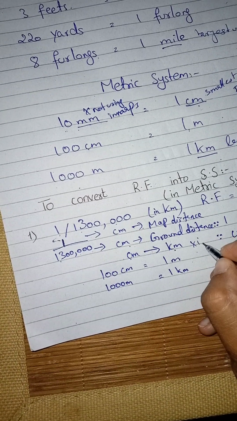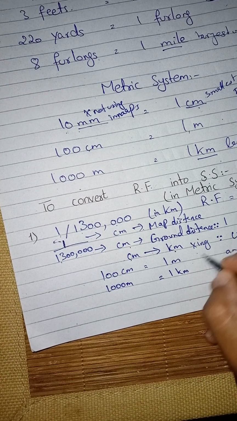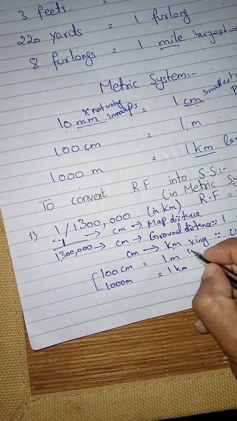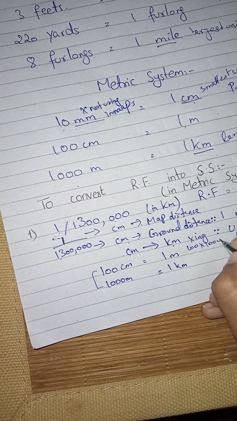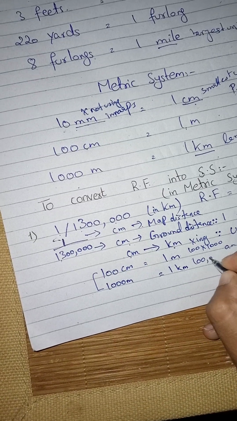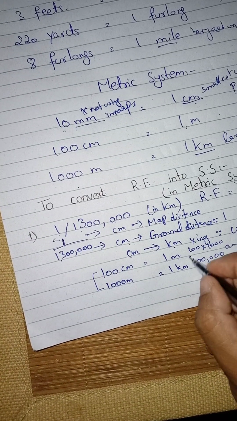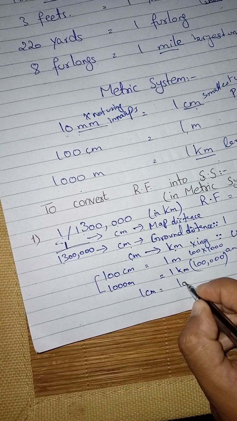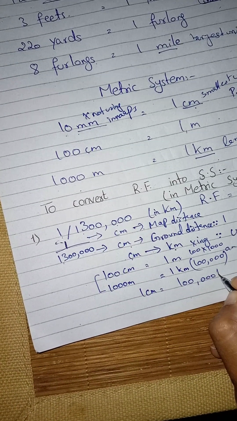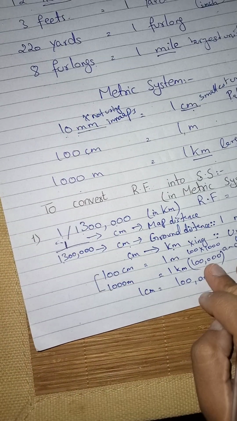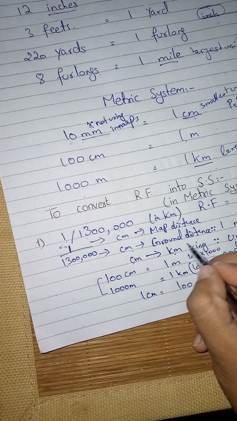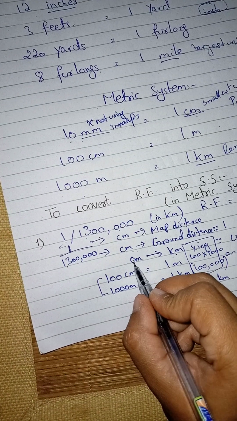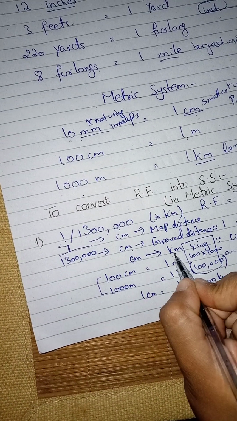We are going to multiply these two values, meaning 100 multiplied by 1000, which is 100,000. So we have converted 1 centimeter is equal to 100,000 kilometers. Now, that was basically rough work. So we are converting centimeter into kilometers.